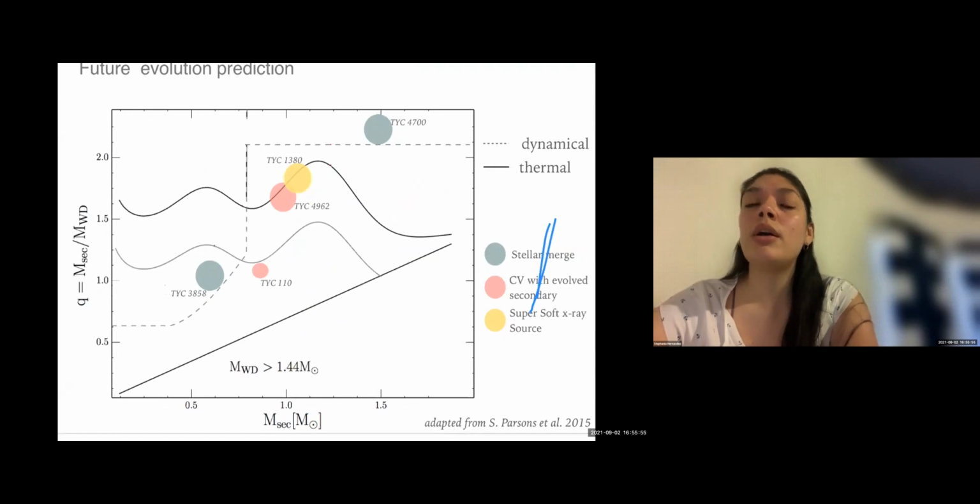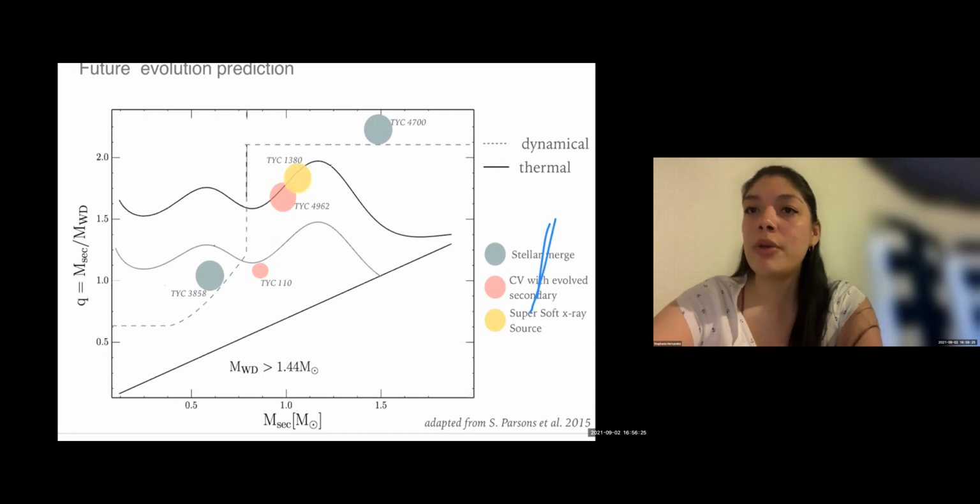And what I discovered is that 2 systems, marked in green, will run into dynamically unstable mass transfer, and then they will enter into a common envelope, but the energy will not be enough to unbind the binaries. They will experience a stellar merger and evolve into a single white dwarf.